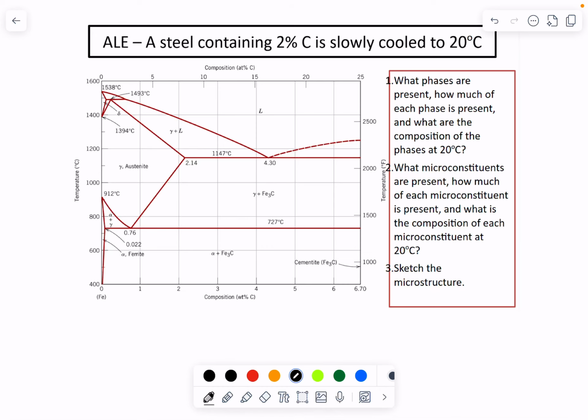All right, welcome to Materials Science. We are talking about phase diagrams and the microstructures and phases that form. What we are looking at right now is the iron-Fe3C phase diagram.